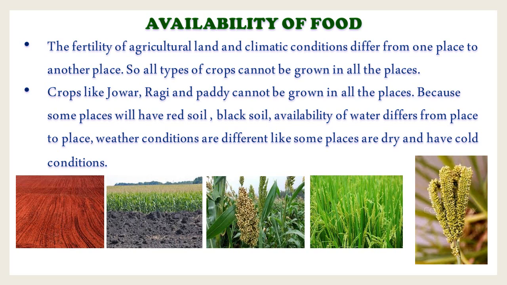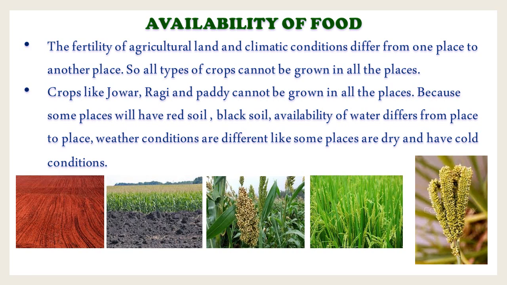Children, the first concept is availability of food. Observe carefully. The fertility of agricultural land and climatic conditions differ from one place to another. So, all types of crops cannot be grown in all places.